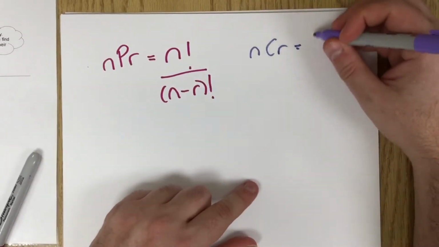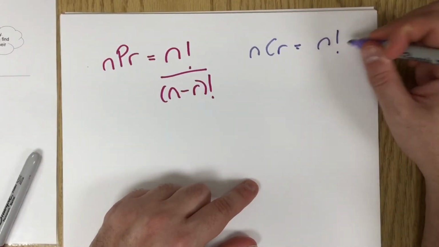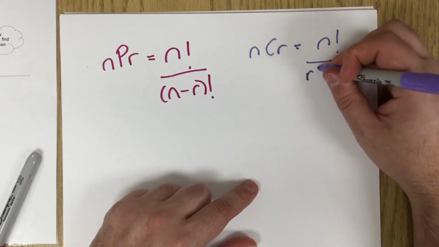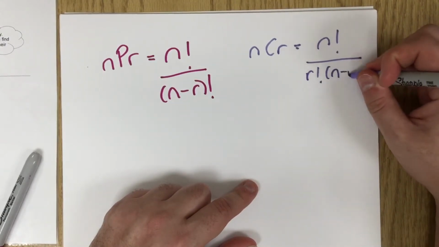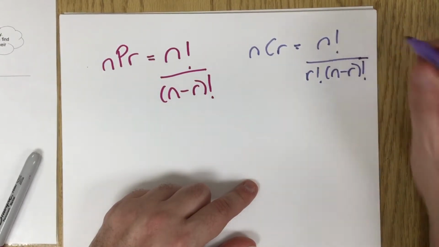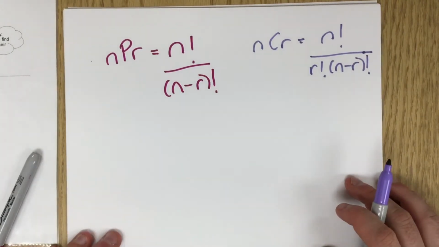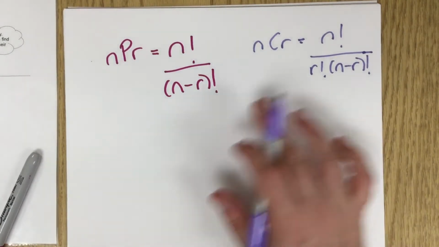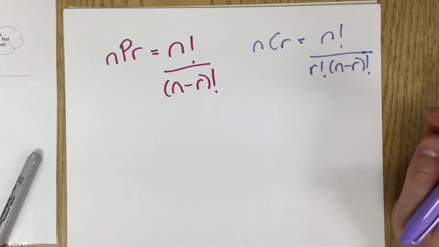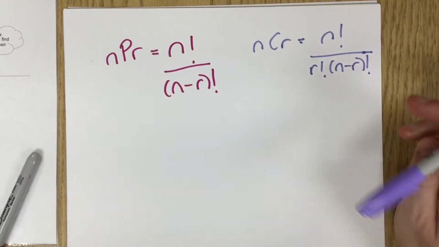And that's going to be n factorial over r factorial times n minus r factorial. So it's n factorial over n minus r factorial, versus n factorial over r factorial, n minus r factorial.